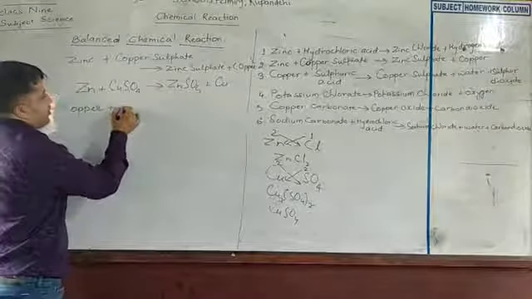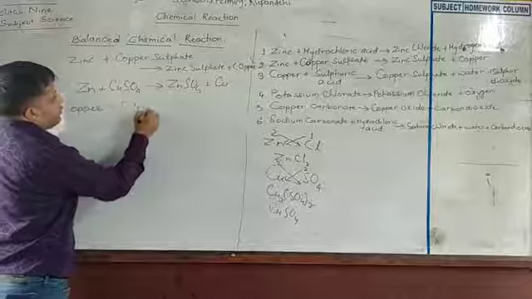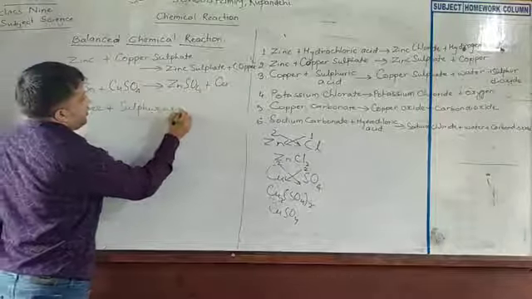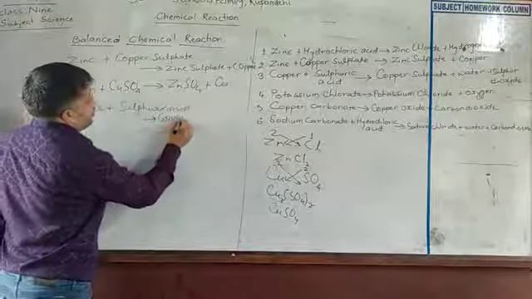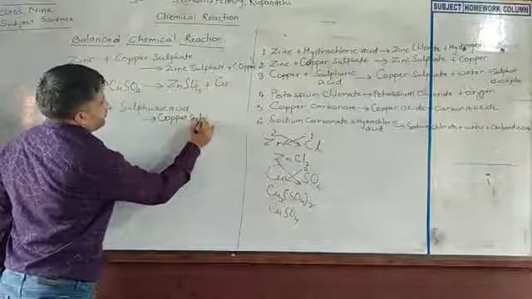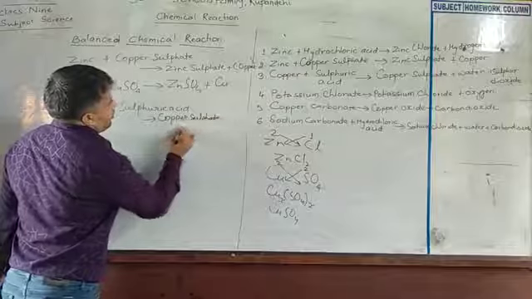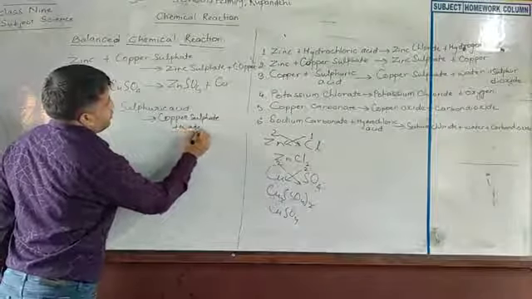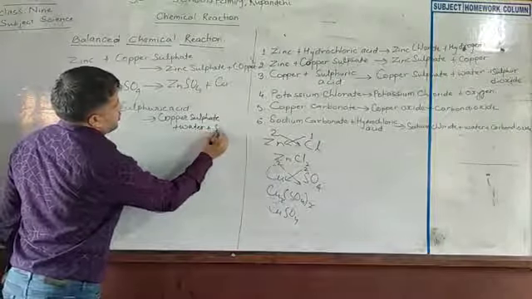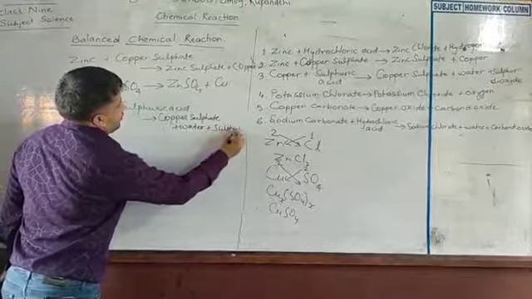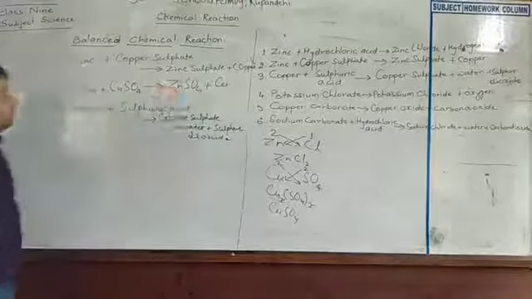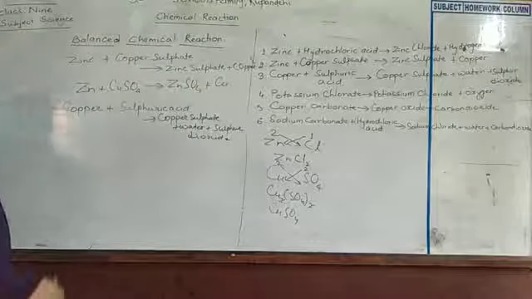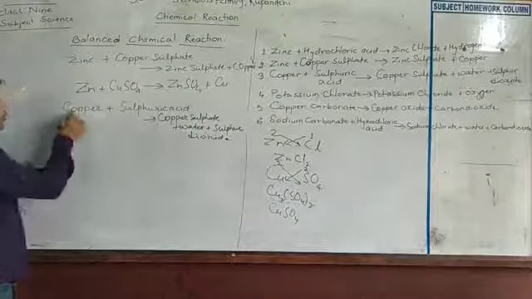Okay. Sulfuric acid gives copper sulfate plus water plus sulfur dioxide. This is the formula equation that we have to convert into a balanced chemical equation.